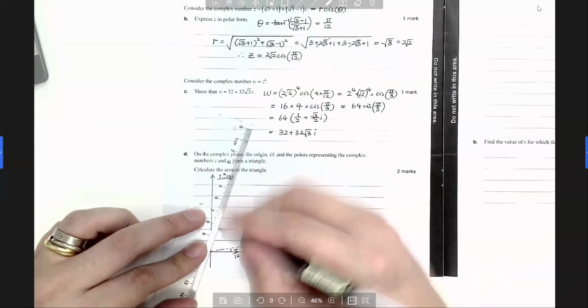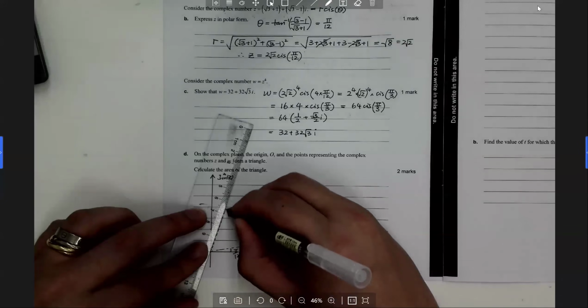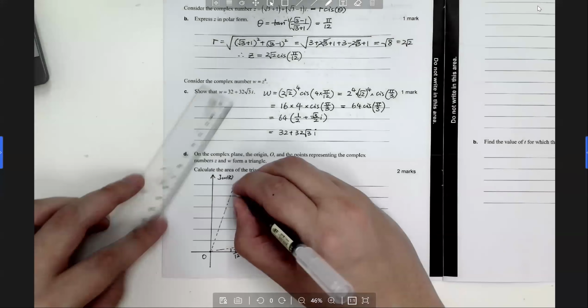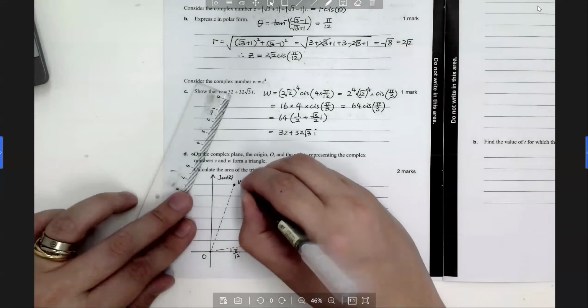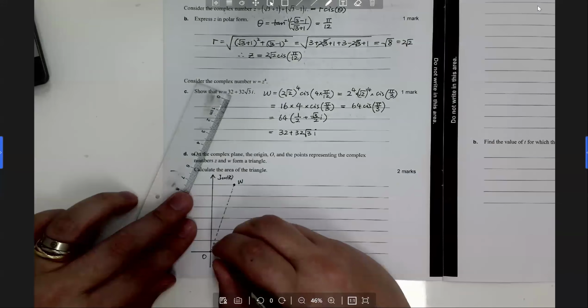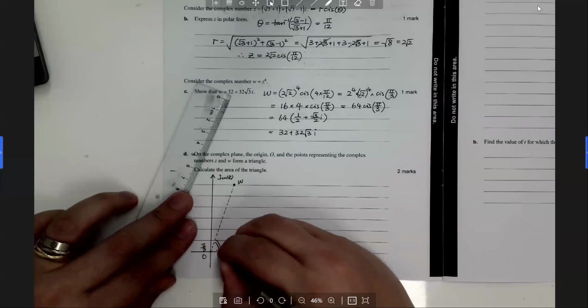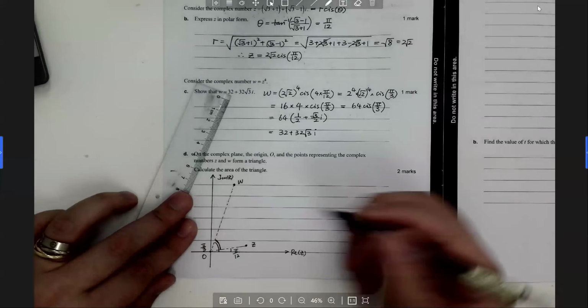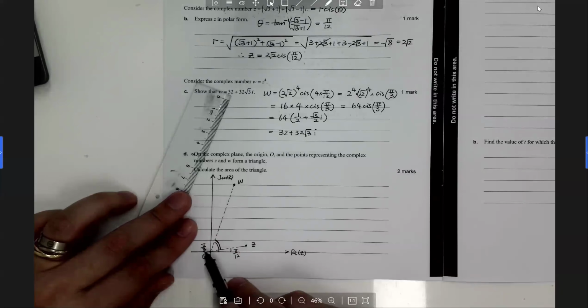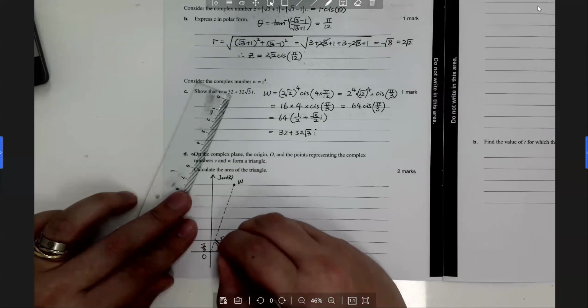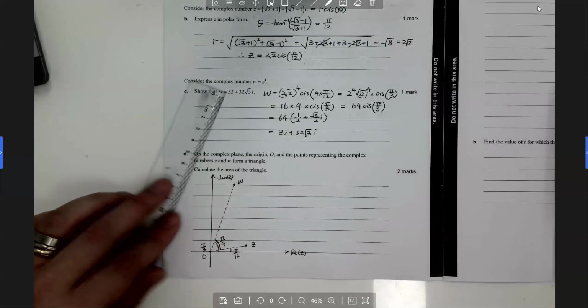Then I'm able to get something like this. So this point is my w, and this large angle is going to be pi over 3. Therefore, I can figure out this angle here, and that is 60 degrees minus 15 degrees, 45 degrees. I've got a pi over 4 here.